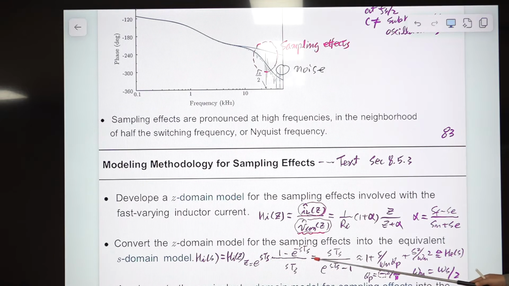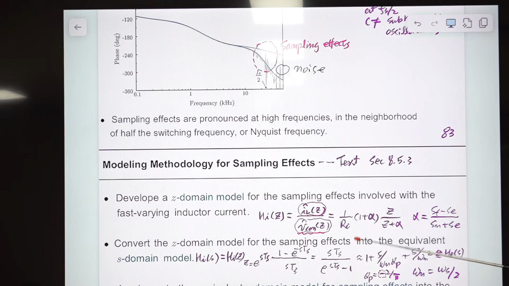But the problem with this is that it is a transcendental function. It is not a linear function. So we need some approximation, and this can be approximated to this one. This is the conventional second order system.